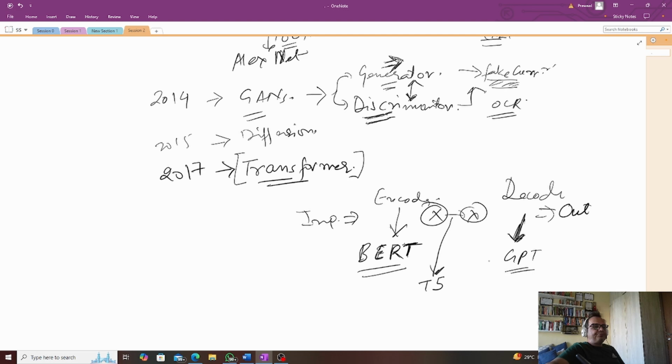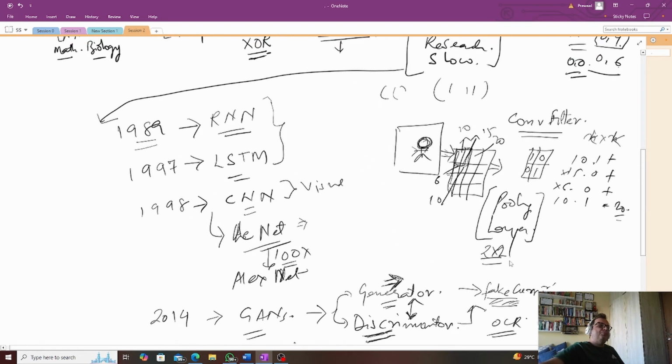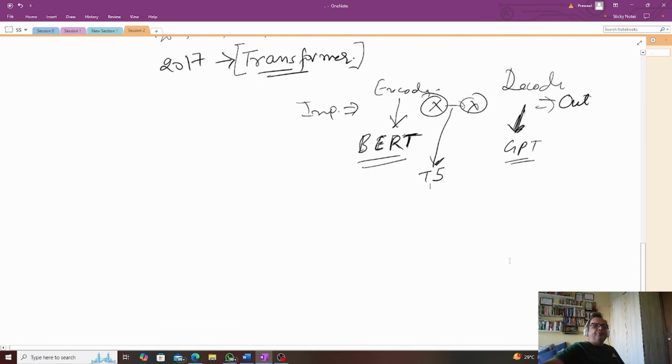So that's the brief history of deep learning, and this is something that you should be aware of. Deep learning, neural networks, whatever you want to call it. Okay, so let's move to the next topic.